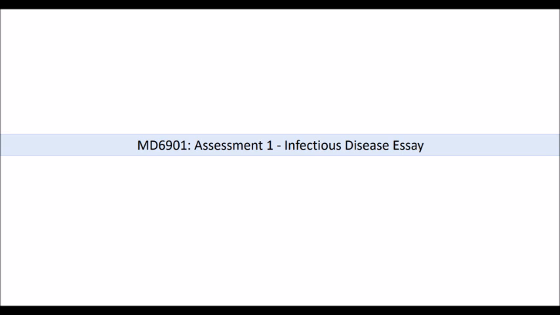Because you're level 6 now, you should have some understanding of biochemistry, cell biology, anatomy and physiology. So you should be able to take your infectious disease and show an understanding of how the infectious agent is actually causing pathology. One example we talked about in the lectures was HIV.